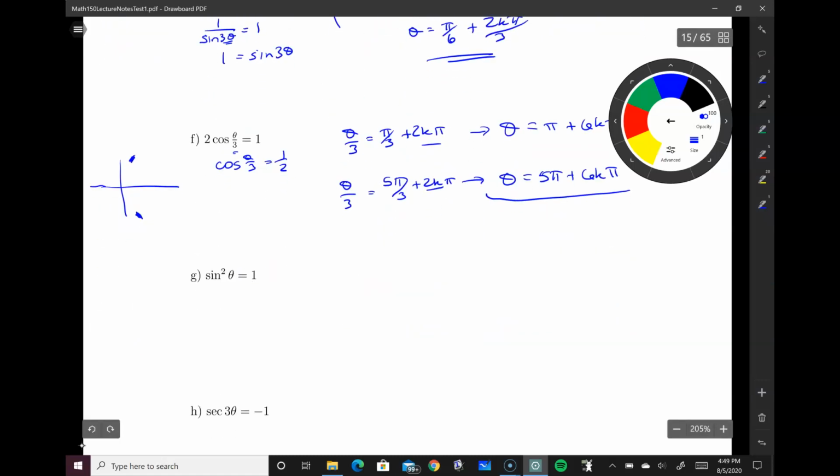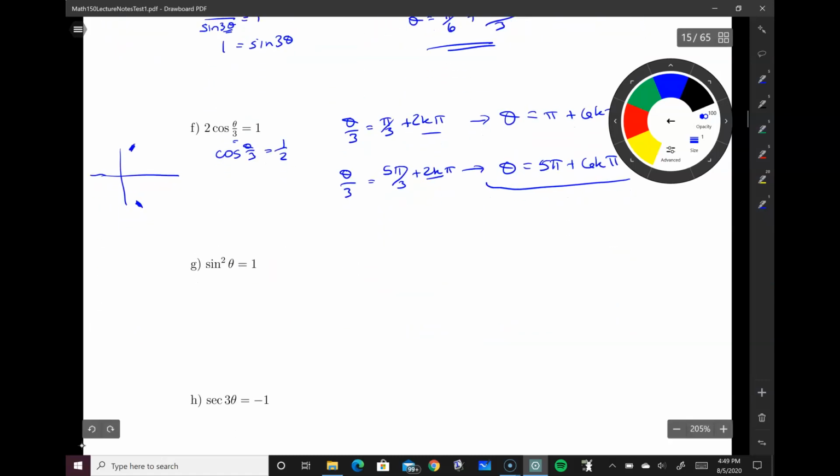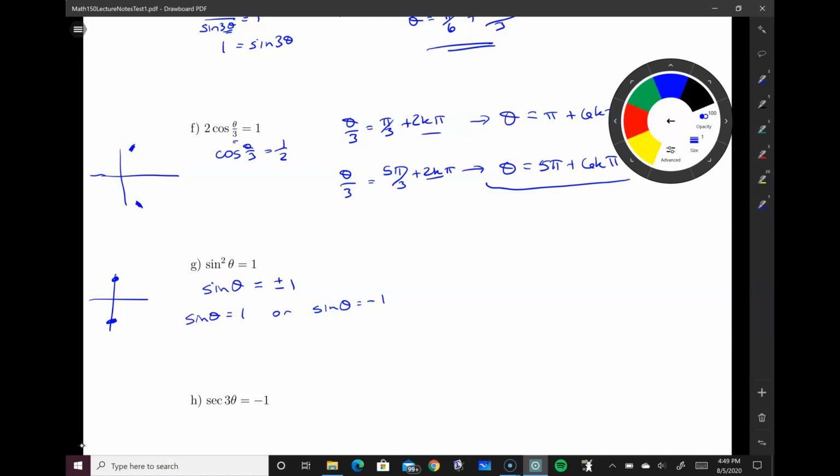All right, here I have sine squared. And so I'm going to take the square root of both sides, and when I do, I get a plus or a minus 1. So I actually have two solutions. I've got sine of theta is 1, or sine of theta is negative 1. Let's think about when those happen. Sine of theta is 1 is here. Sine of theta is negative 1 is here. So I think I can make this short.